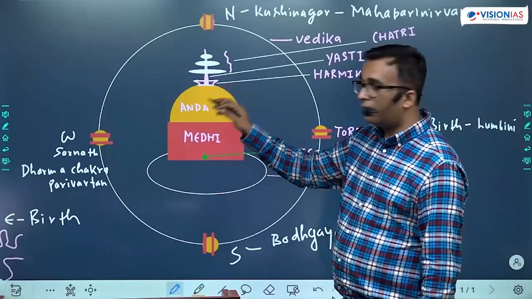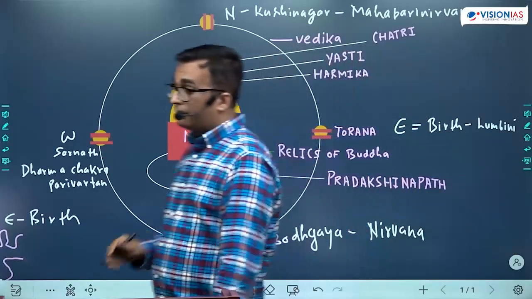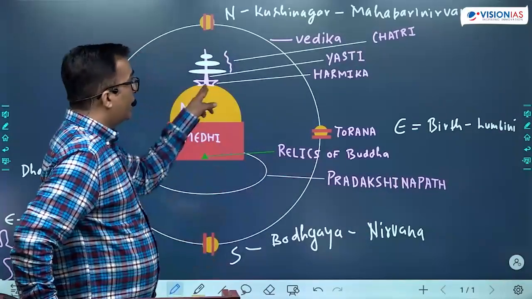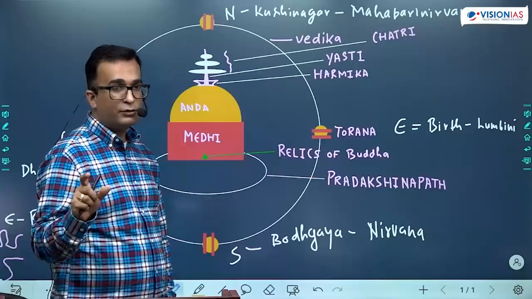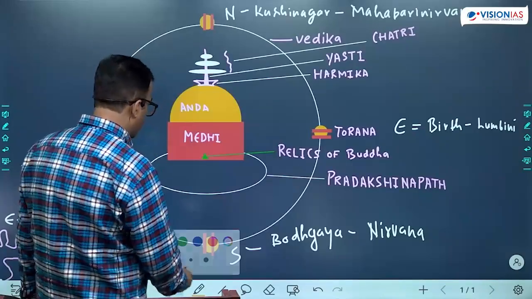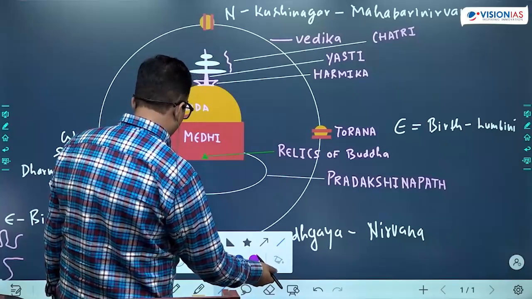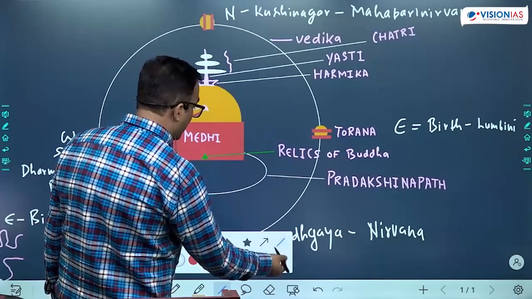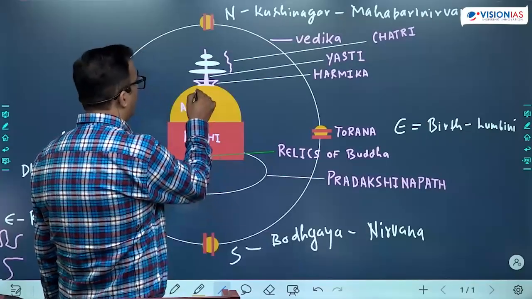Then this part, Anda, we will talk about later, what the purpose of the Anda is or what it represents. Harmika is considered the most sacred space of the stupa. Why? Basically it is indicative of the sacred column which is in line with the relics of the Buddha.